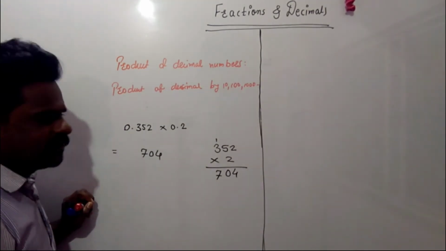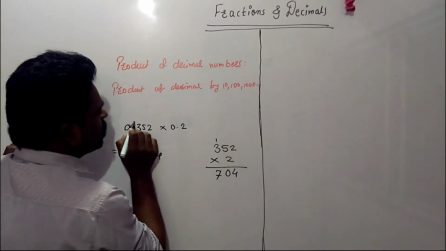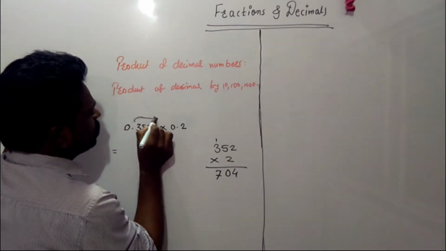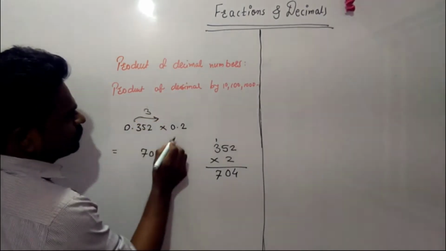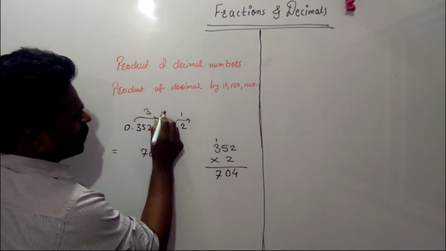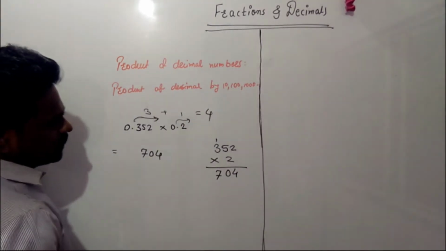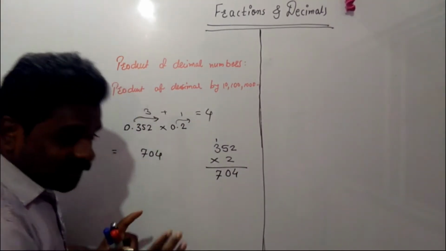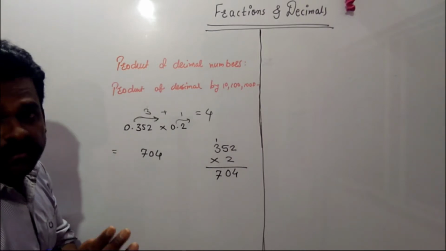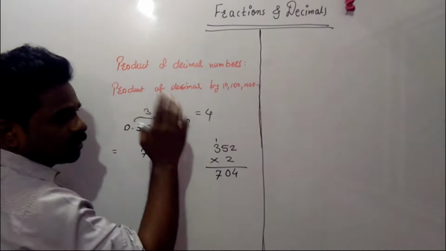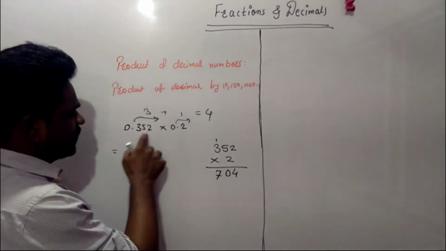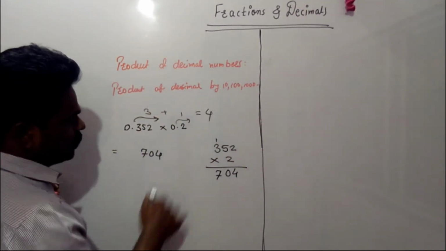Now see, my dear students, by how many digits have we shifted our decimal point to the right? 3 digits here and 1 digit here, so total 4 digits were after the decimal point. 3 plus 1 is 4.